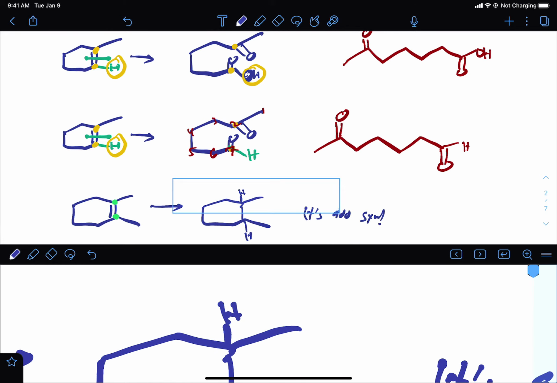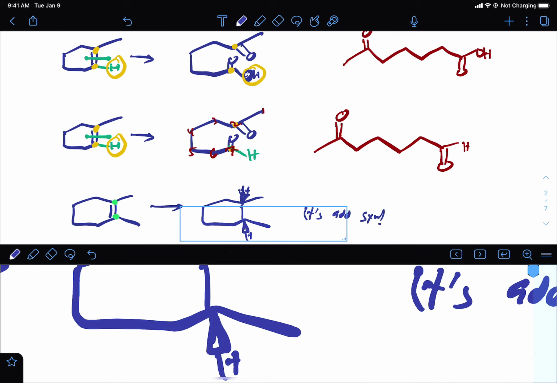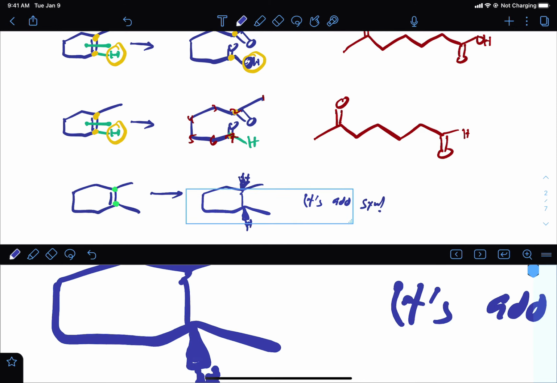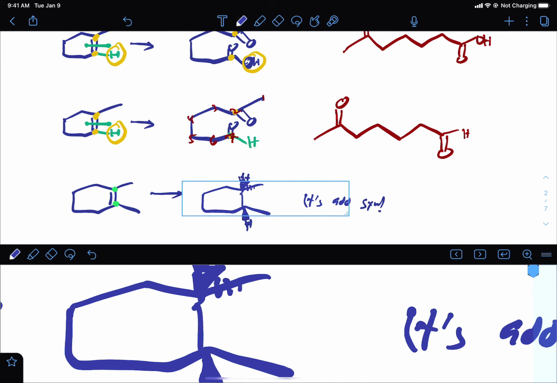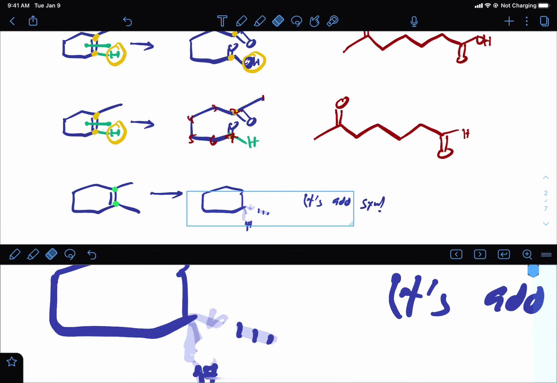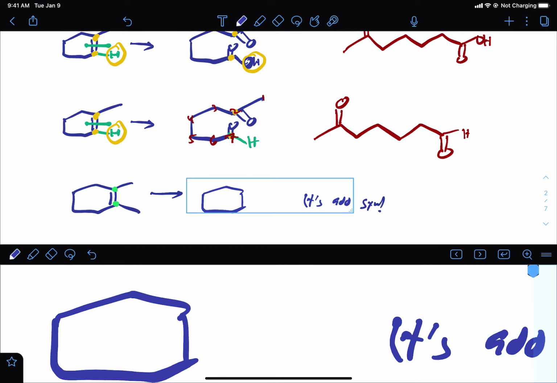Okay, so if those H's add together so that they're wedged, or together so that they're dashed, that's going to make the methyl groups the opposite. Okay, let me redraw this a little bit nicer. So we have to have the H's together. So maybe we do this. Maybe we make the methyl groups wedged.